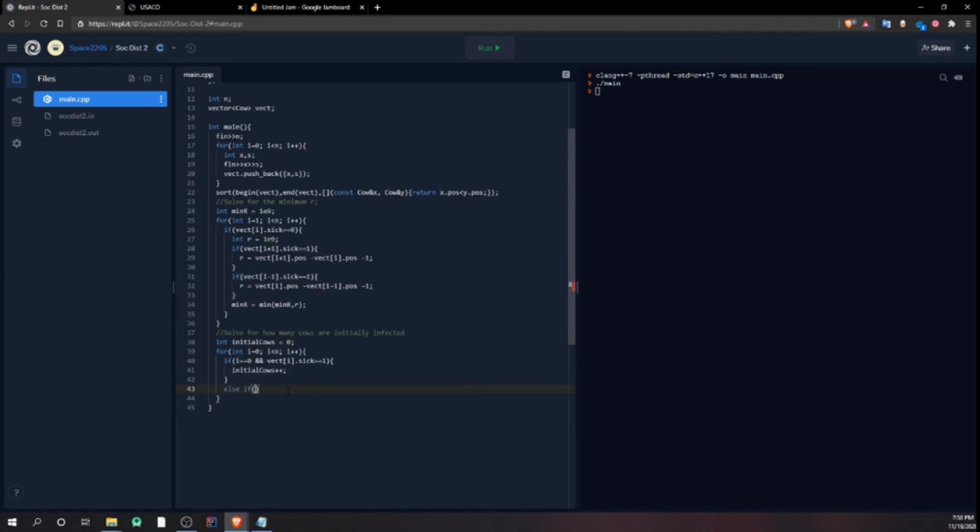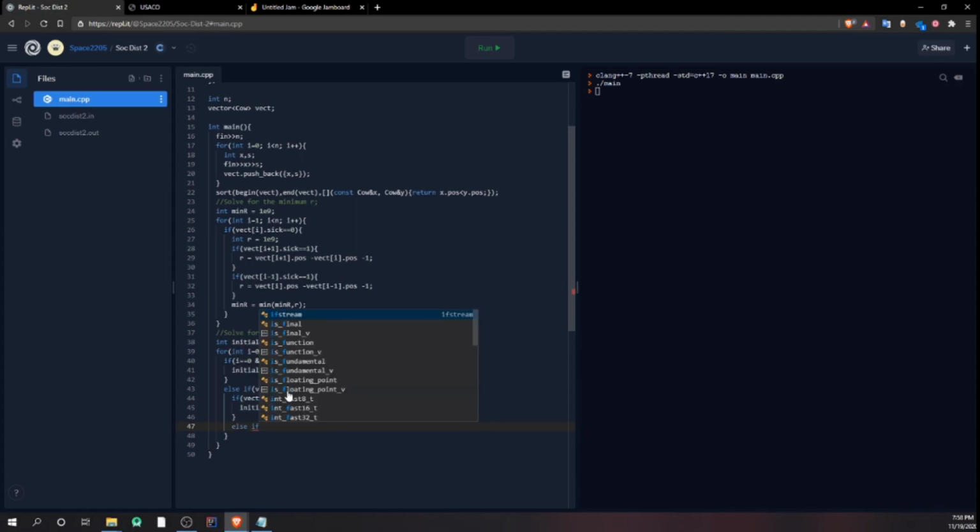So I'm going to say else if the cow at vector i is actually sick, then we commence a check. If the previous cow is not sick, then we obviously know that it has to be an initial cow, so that would be initial cows plus plus.